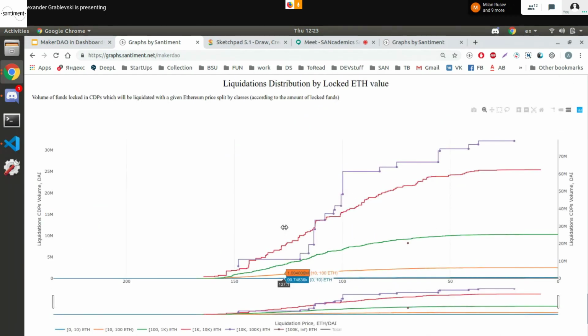Now, yeah, doesn't this kind of mean that, in theory at least, I can make a very small CDP, take some DAI, and if the price drops, I will not lose the ETH? Because now no one will want to do the liquidation.